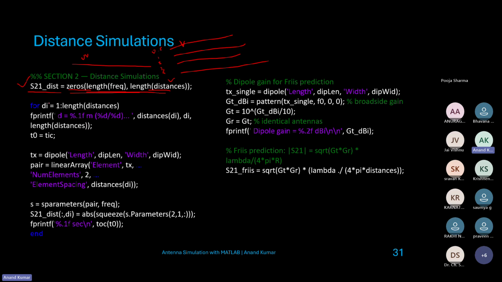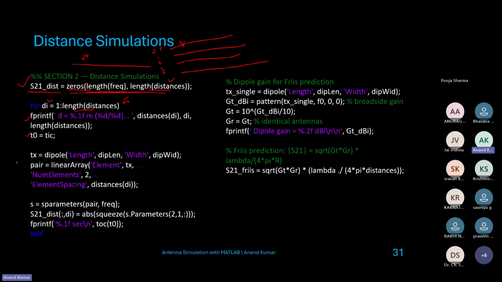And then for different distances, we run the EM simulation. We had created a list of different distances: 0.5, 1, 2, 3, 5. So that was 5 values, and this loop will run 5 times for different distances. We're just printing it over here.